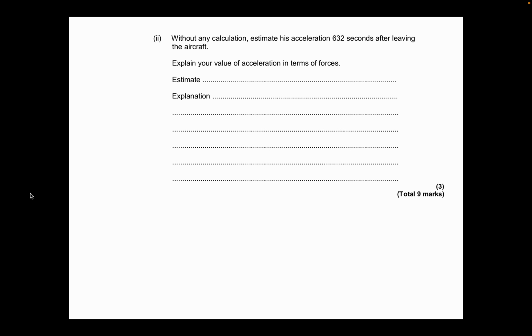Without any calculation, estimate his acceleration 32 seconds after leaving the aircraft. It's going to become 0. Actually, the reason is because of terminal velocity. It's because the upward force is equivalent to the weight, which is gravity.